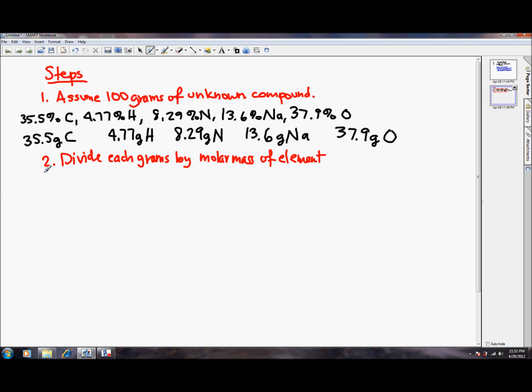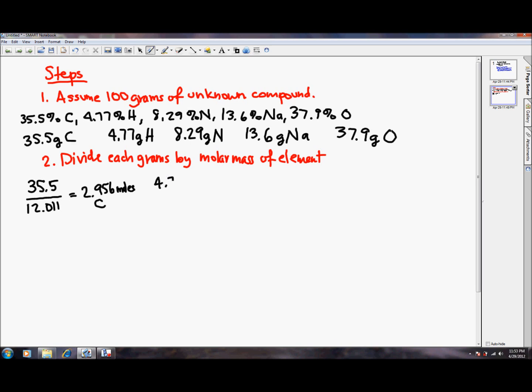So we're going to need to divide each of these amounts by the molar mass of the element. So 35.5, we're going to divide by 12.011, because that's the molar mass of carbon. Okay, let's poke that in our calculators. Okay, that's 2.956.